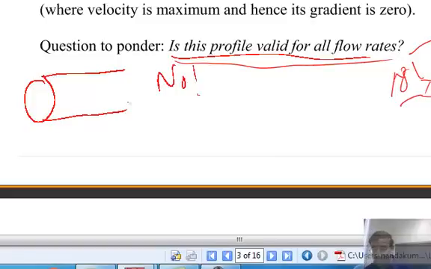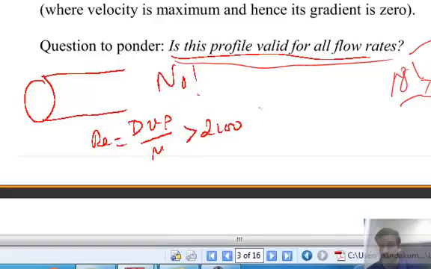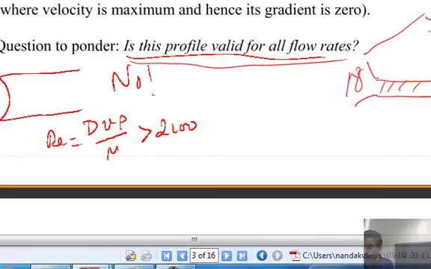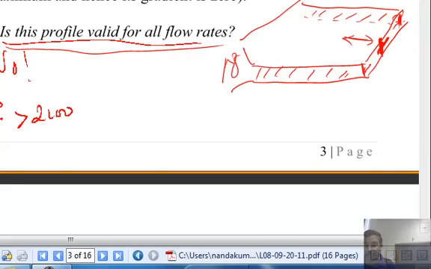But once you exceed the Reynolds number, defined as d v rho over mu, if it is greater than 2100, this is no longer valid. The parabolic profile is no longer valid. And we need to understand why that is. Towards the end of the course, we will address that issue, because it has to do with stability of the problem.